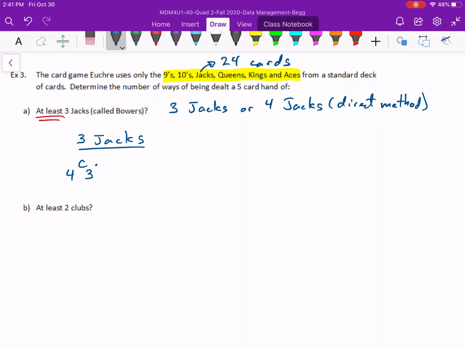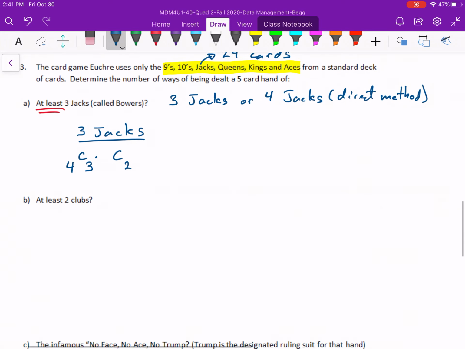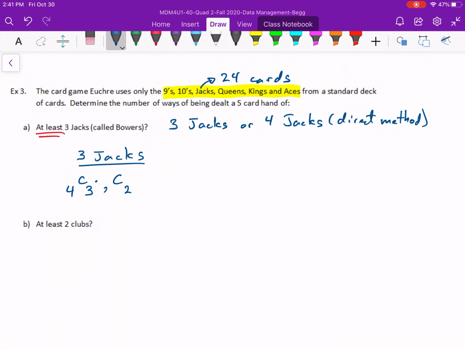If we want 3 out of 4 jacks, then we want 2 of the rest of the cards. How many of the rest of the cards are there? Remember, we started with 24 cards. 4 of them are jacks. That means that 20 of them are non-jacks, and we want 2 of those non-jacks.